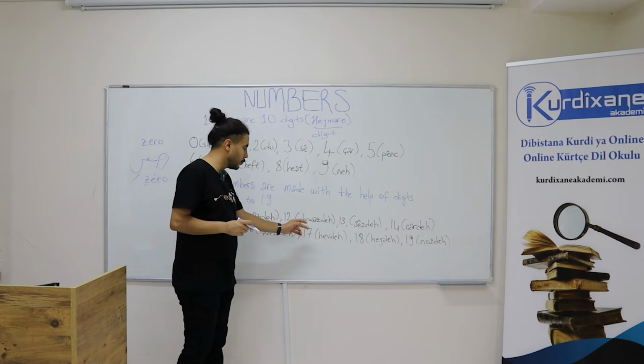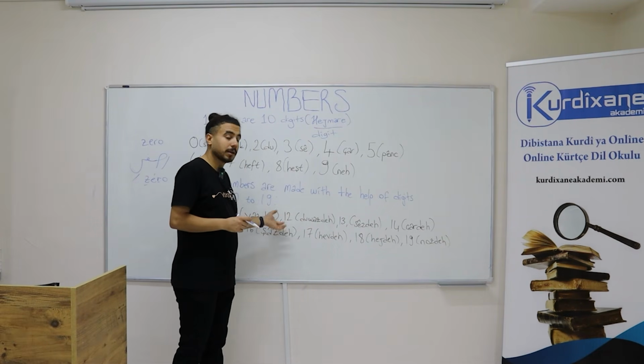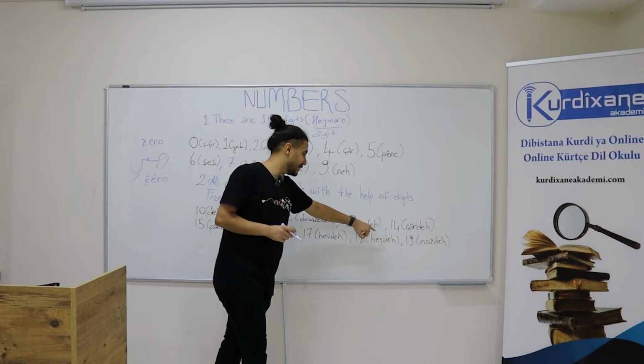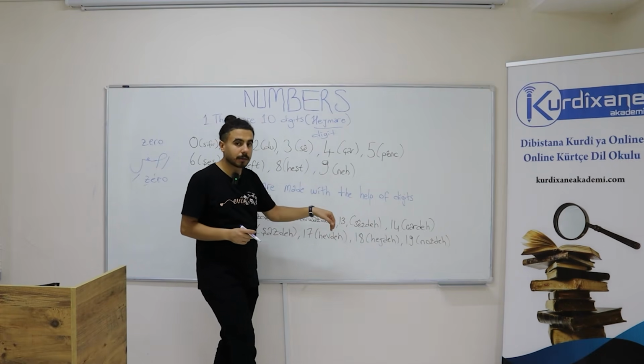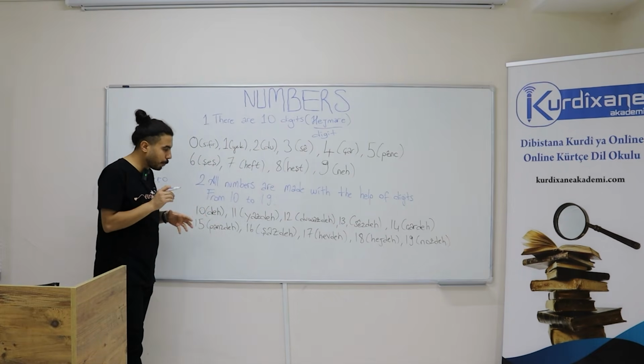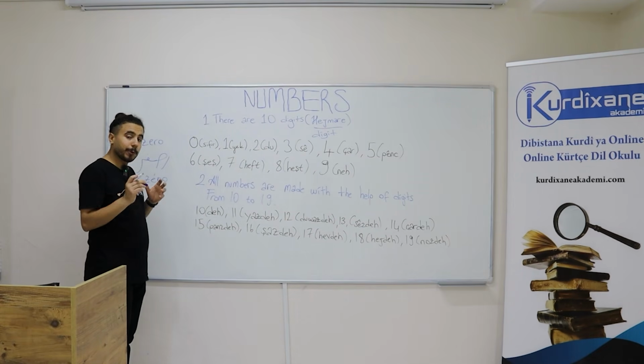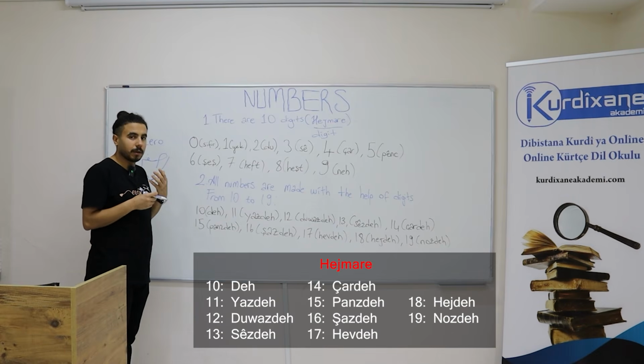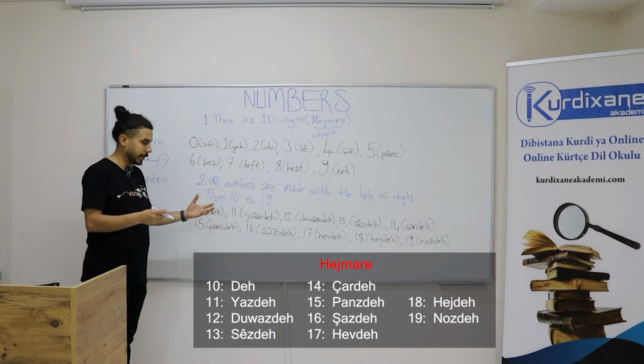You first say 2, then you say 10 to mean 12. You first say 3, then 10 to mean 13. These are important points. I want you to pay attention, since you can create an analogy comparing the English language and the Kurdish language.